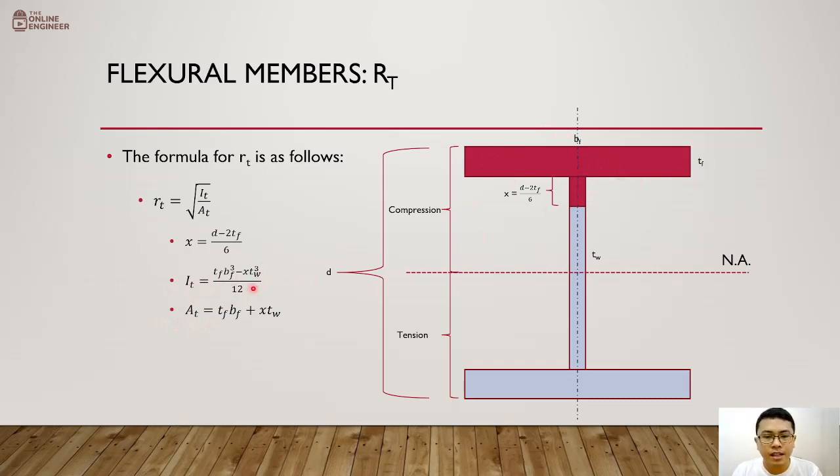Now, once we have IT and AT, we just apply the formula and that will give us our RT, which we will use in the formulas that we have for the allowable bending stress. So this is everything that we need to know, our prerequisites, before we go over some problems and apply the formulas that we have and determine the allowable bending stresses for flexural members.